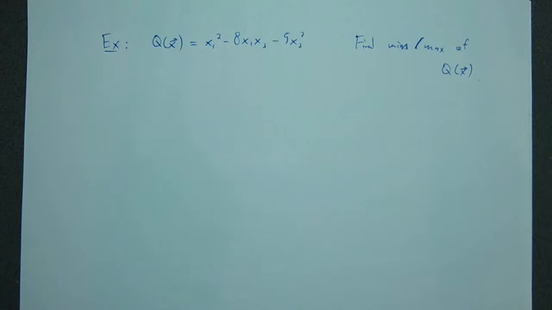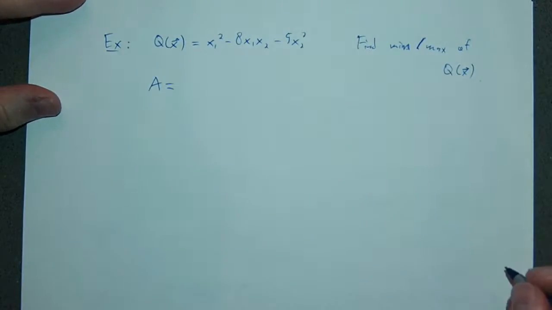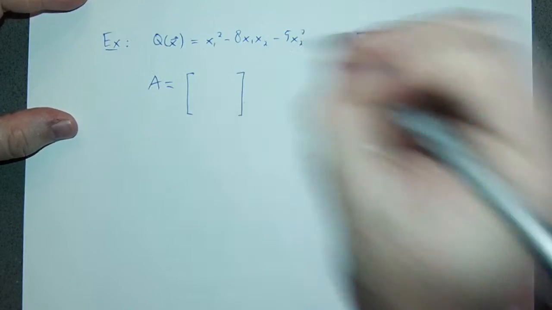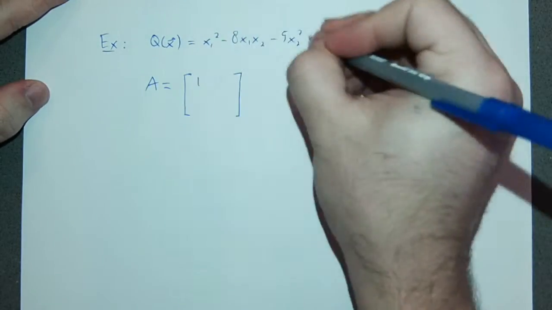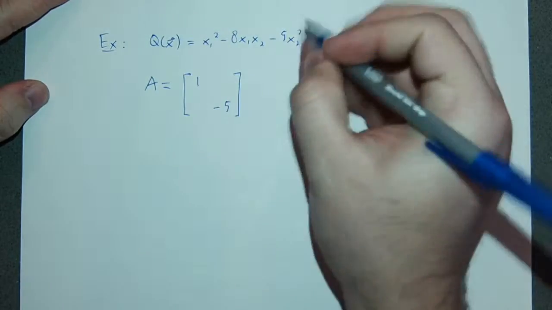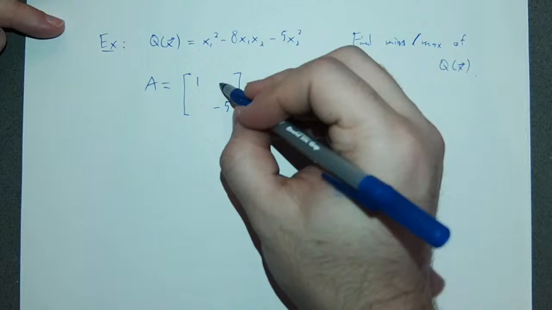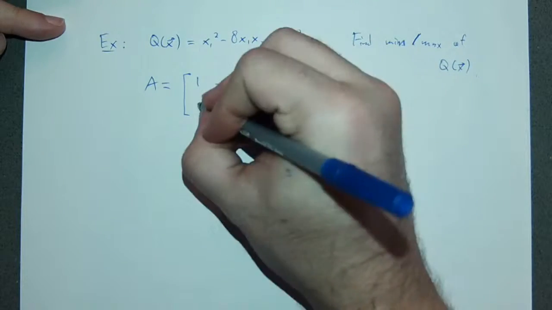no cross terms. So what is the associated symmetric matrix to this quadratic form? Well, I know what the diagonal entries are because I know what the pure terms are. So I have 1 here and minus 5 for the x2 term. Then what do the x1 x2 and x2 x1 terms look like? It would have to be minus 4, right?